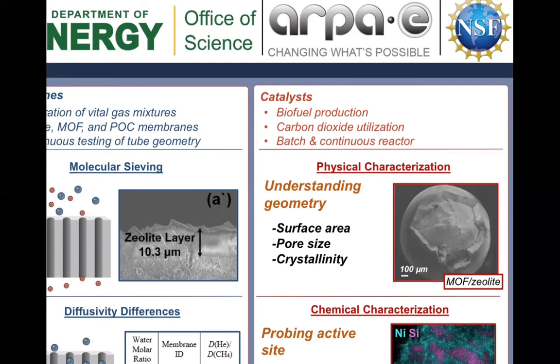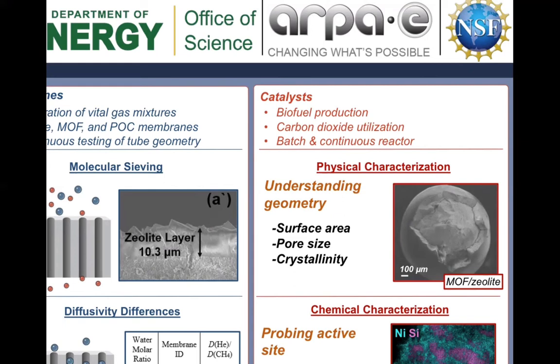So using biomass and producing a minimal amount of CO2 in the production of a liquid fuel. Another would be utilizing carbon dioxide, either in forming methanol or forming other longer alkane products. And so there's a number of valuable heterogeneous catalysis reactions that we're interested in studying, and they can be studied in batch or continuous reactor phases.